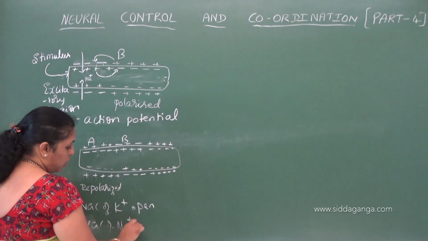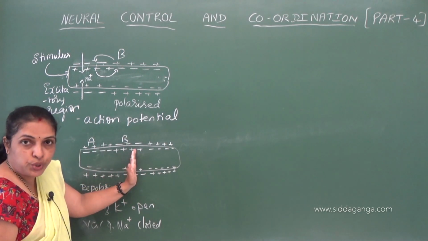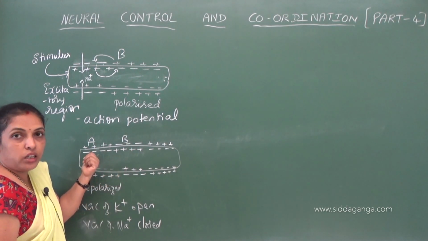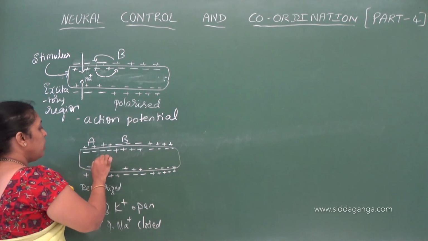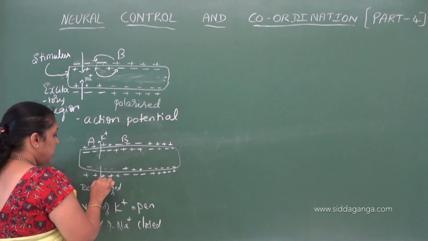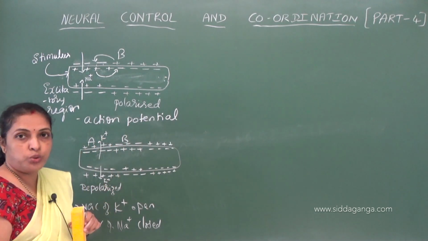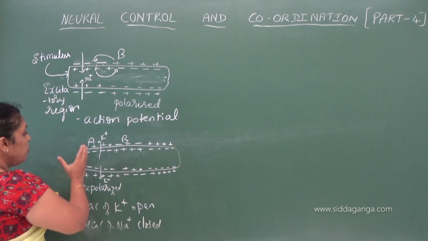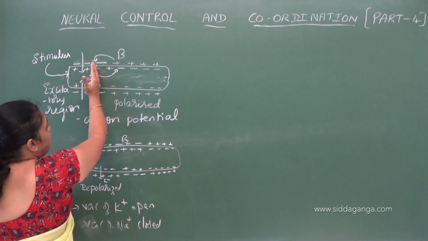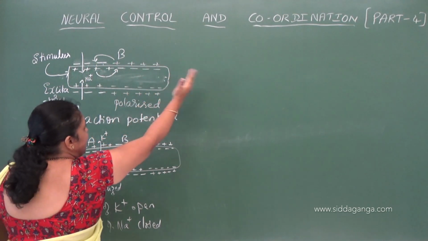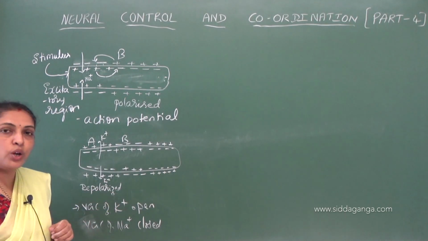Immediately once stimulus shifts to the next region, in the previous region sodium gated channels will be closed and potassium will be open, so that efflux of potassium takes place, again restoring back the negative charges inside, positive charges outside. So this is how, once action potential is generated, it will shift from one region to the next region till it reaches the axon terminals.